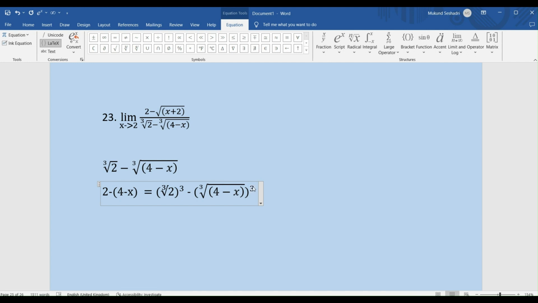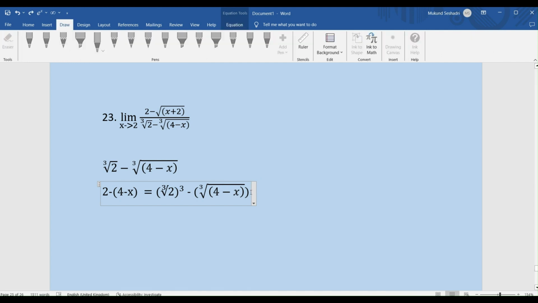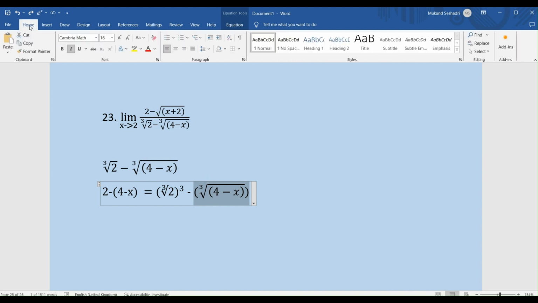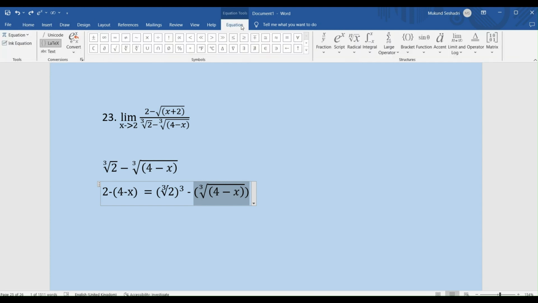And I'm going to use a cube minus b cube equals a minus b into a square plus ab plus b square, right? So I'm going to use the same formula to expand this denominator here, right?